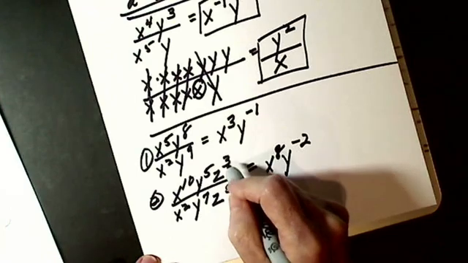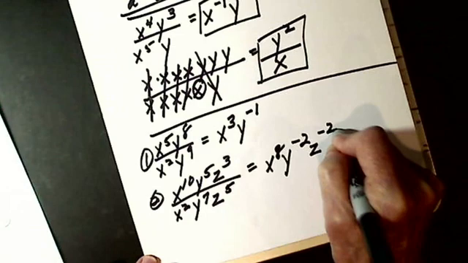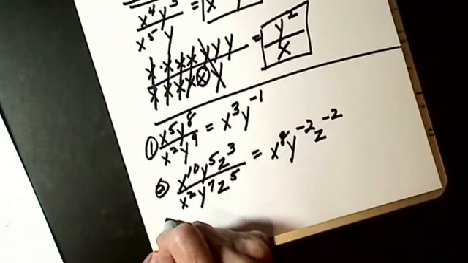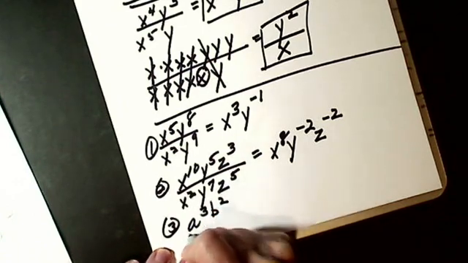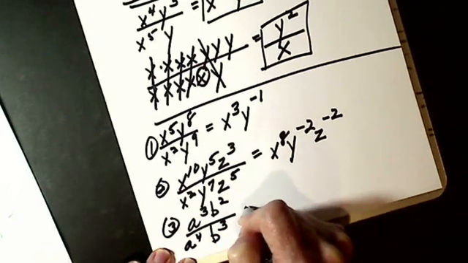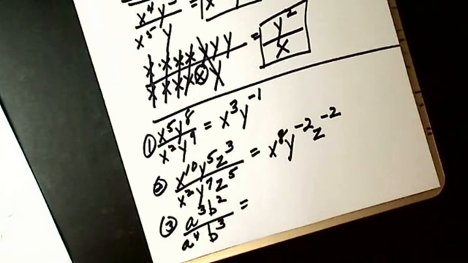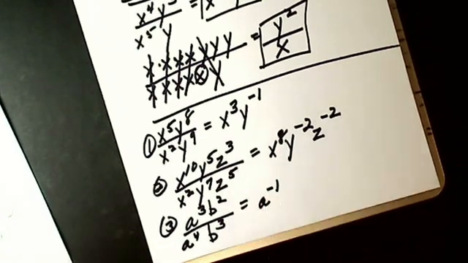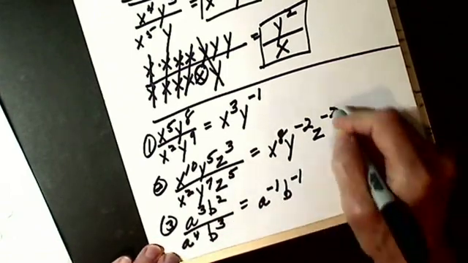Subtract exponents, numerator minus denominator, is going to give me z to the minus 2. All right, one more. Let's say I have a cubed b squared over a to the 4th, b to the 3rd. If I write it with negative exponents, I subtract exponents, I'm going to get a to the minus 1. I subtract exponents, I'm going to get b to the minus 1.